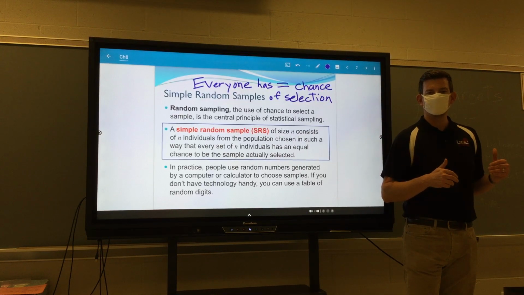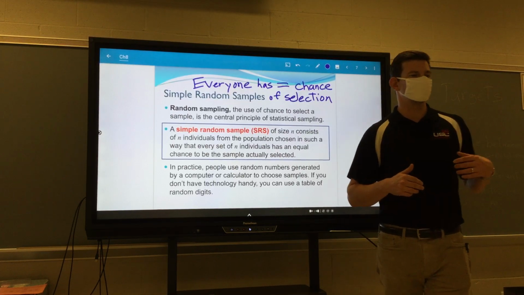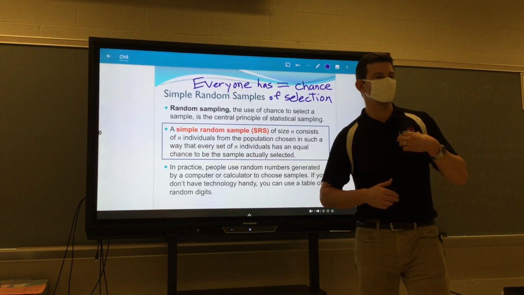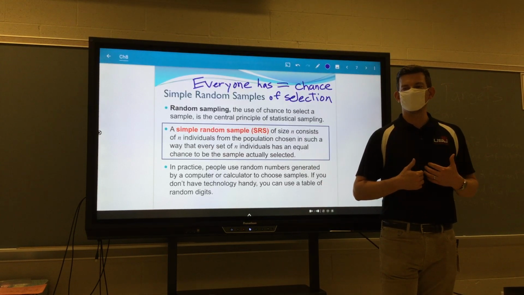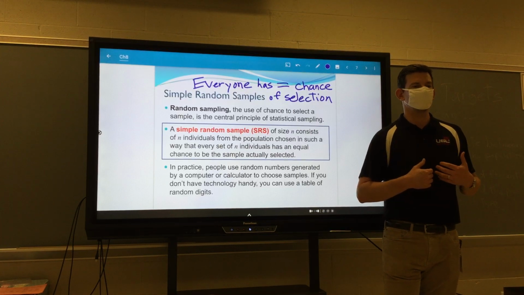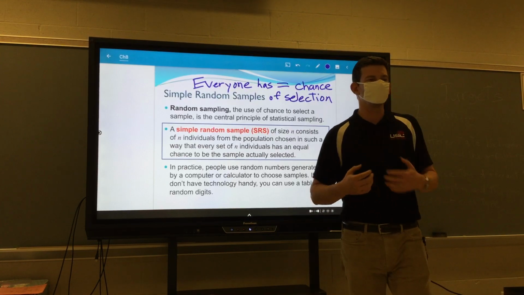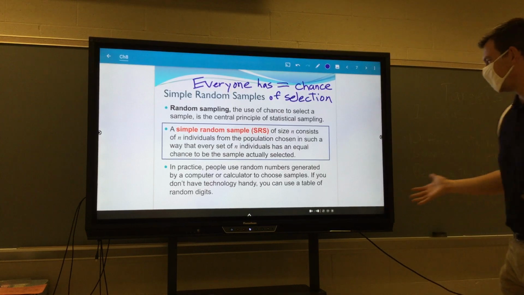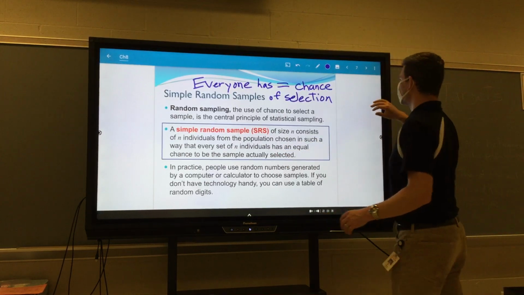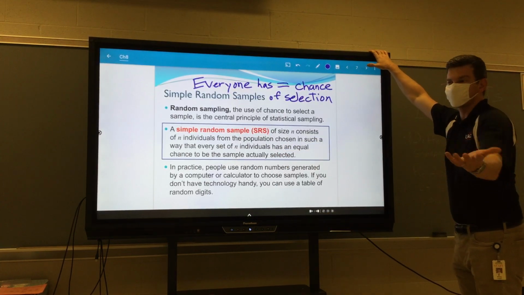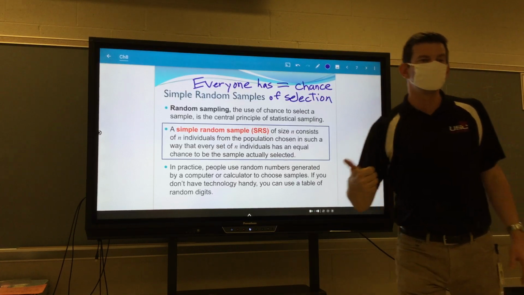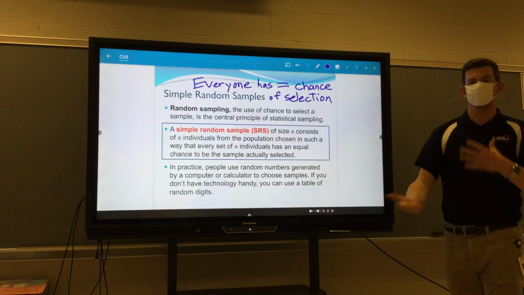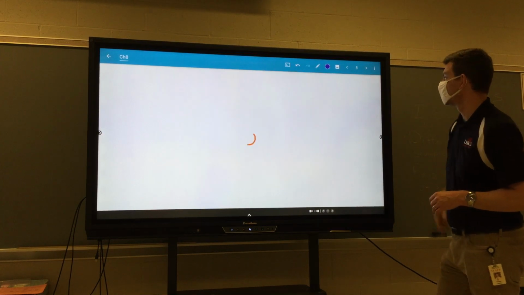Is it my obligation as a stats teacher to carry a table of random numbers with me at all times? I mean, that's kind of what this is implying. I'll show you what that looks like and how you can use it. But let's be honest. We're going to use a computer or calculator to randomize things for us.